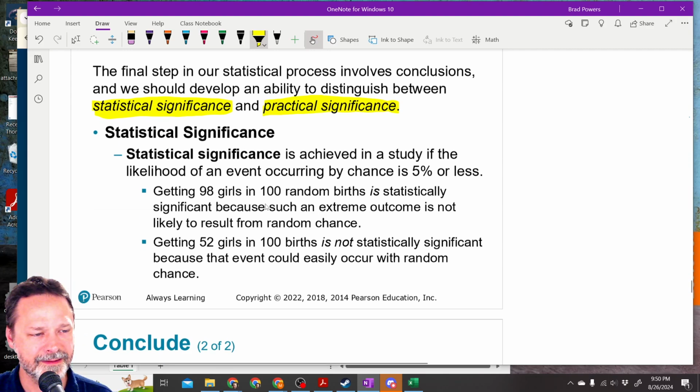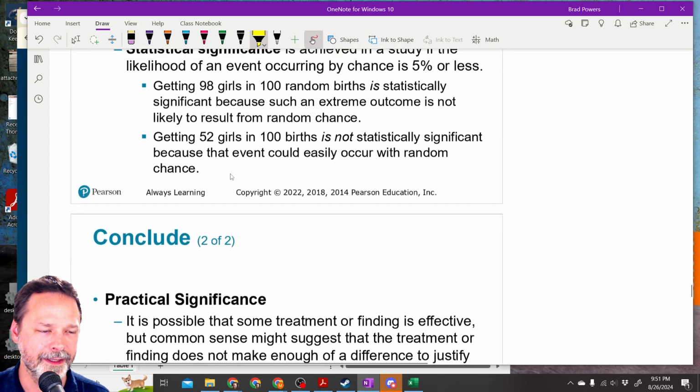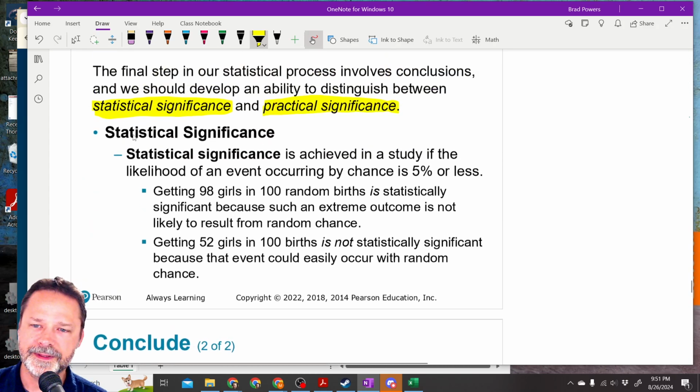But here is an example of each one. We'll compare. Statistical significance is achieved in a study if the likelihood of an event occurring by chance is 5% or less.